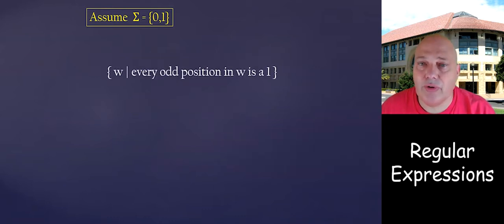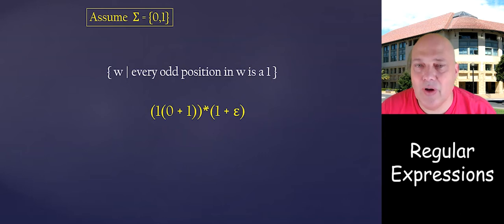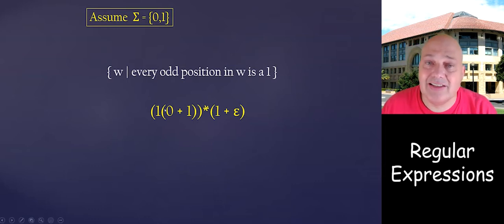How about every odd position in W is 1? So the first is 1, and then it's 0+1. So this is a string of length 2 that starts with 1. You can have a string in this family any number of times.